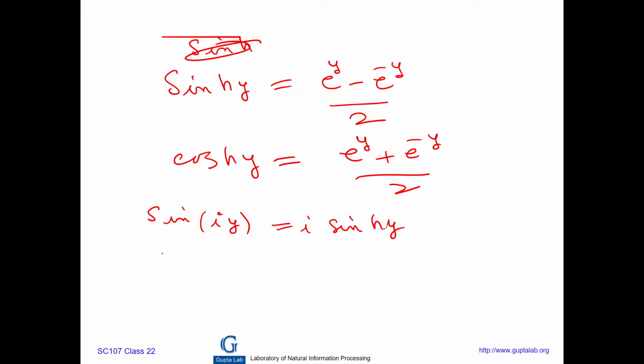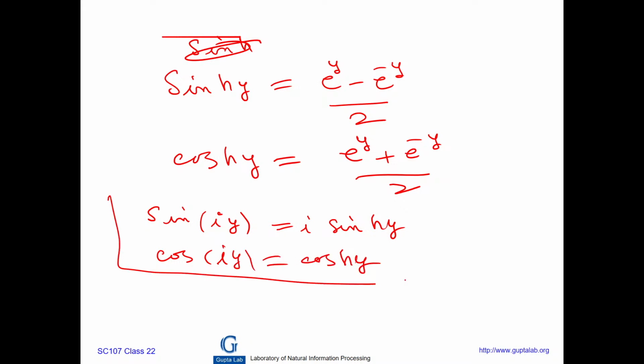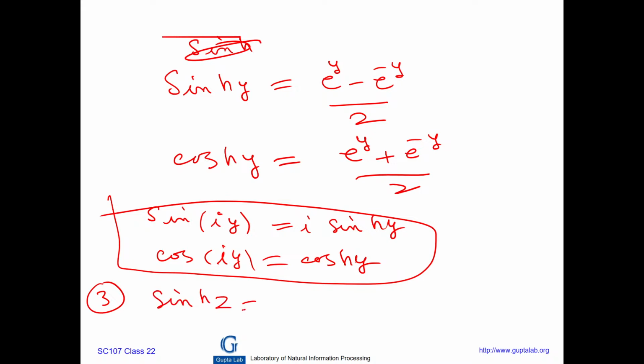You can verify cos of iy is equal to cos hyperbolic y. These are simple things for you to verify. So I can define sine hyperbolic z as e raised to power z minus e raised to power minus z divided by 2, and cos hyperbolic z as e raised to power z plus e raised to power minus z divided by 2.